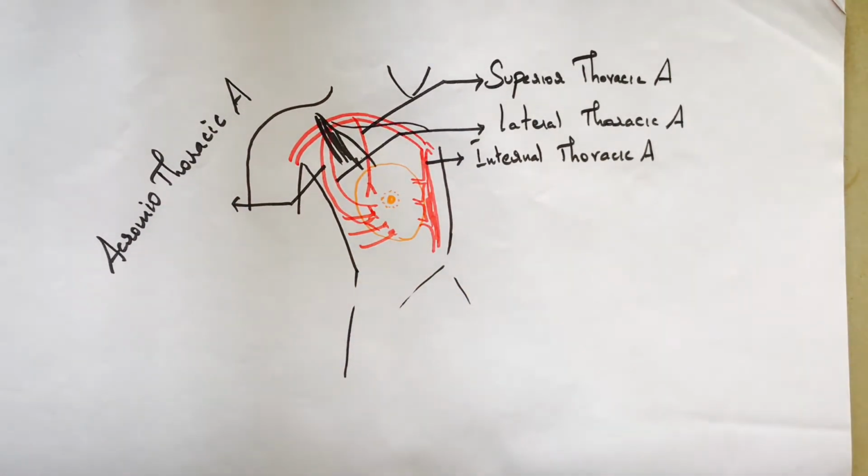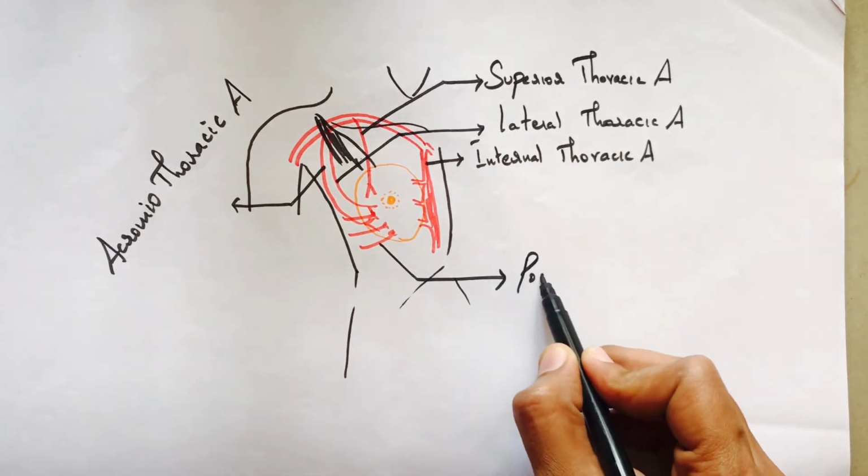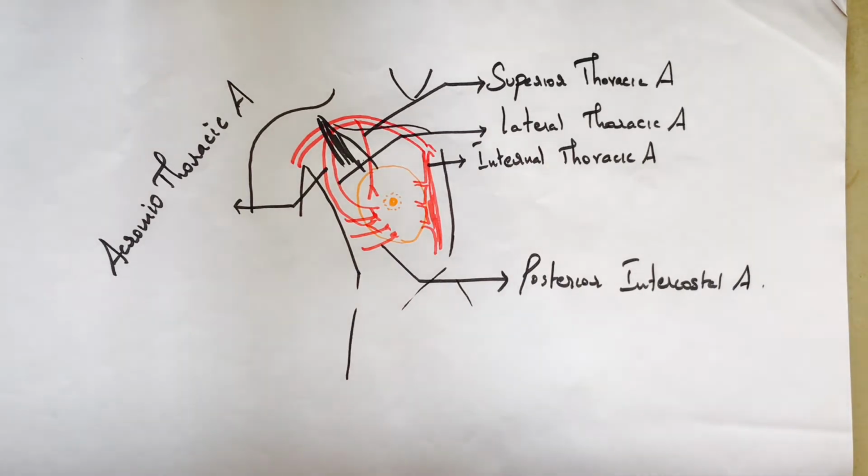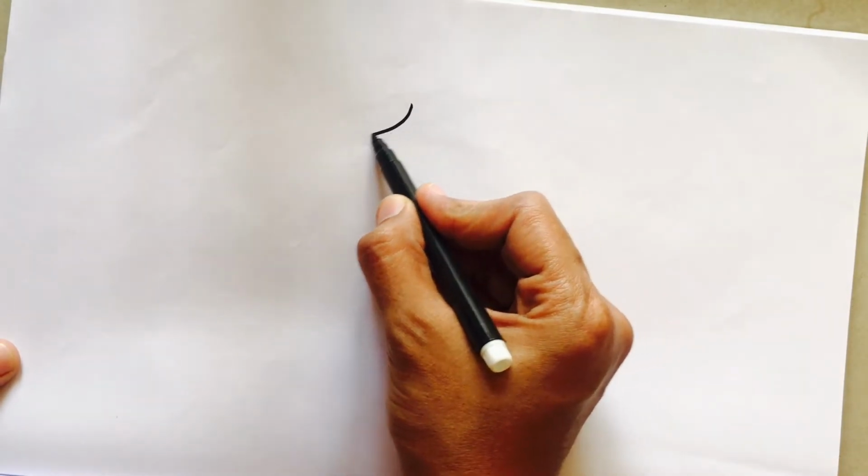And apart from these two major arteries, the gland receives blood supply from posterior intercostal arteries. So this is about the arterial supply of the mammary gland.